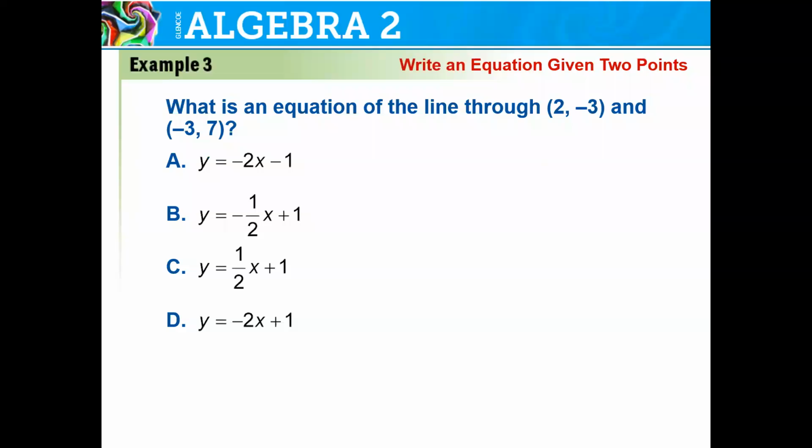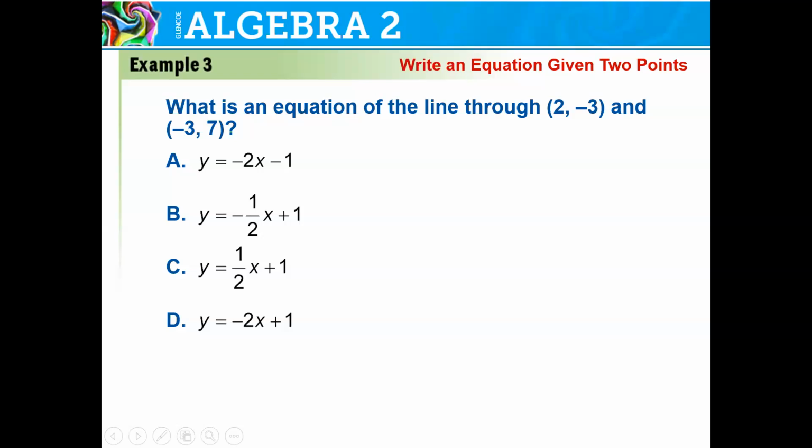Okay, here's one of the tougher problems. It's only tough because we have to find our slope first. Once again, this gives us a benefit because once we find the slope, we should be able to eliminate a couple of answer options. So running it through my slope formula, I'm going to go -3 minus 7 over 2 minus a -3.